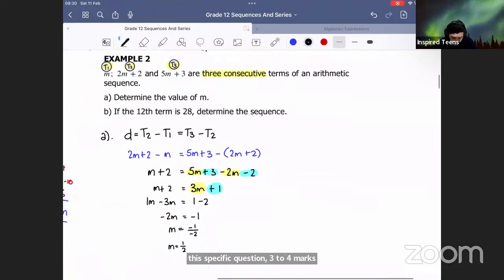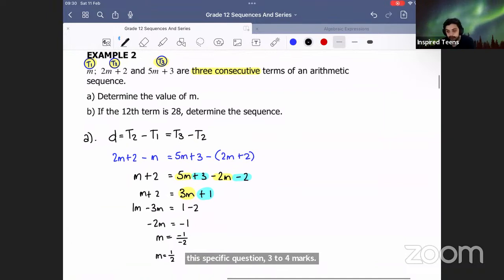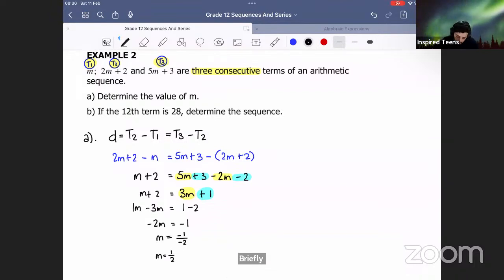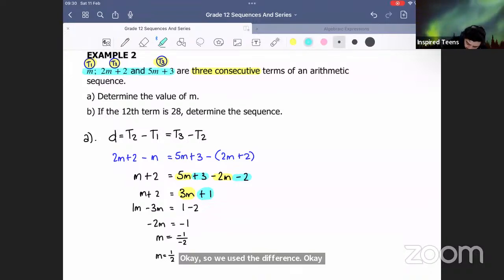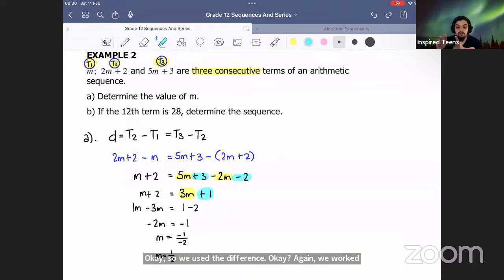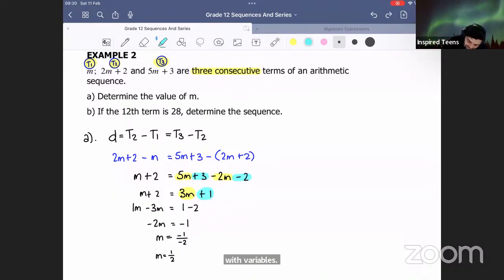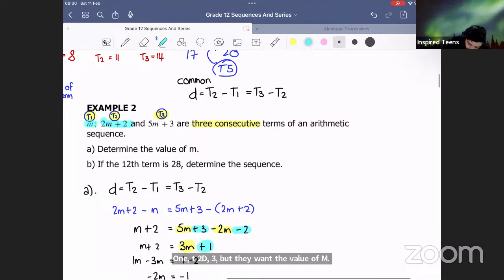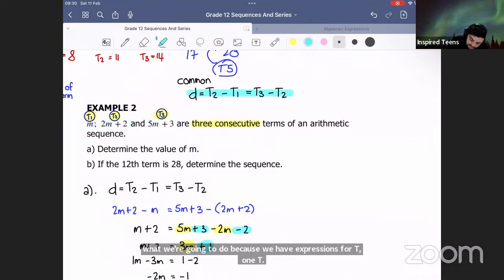Okay, explain A one more time. I'm just going to go through it briefly. We used the difference. Again, we worked with variables and we don't know the actual values of T1, T2, T3, but they want the value of M. Because we have expressions for T1, T2, and T3, we're going to use the idea of having a common difference.